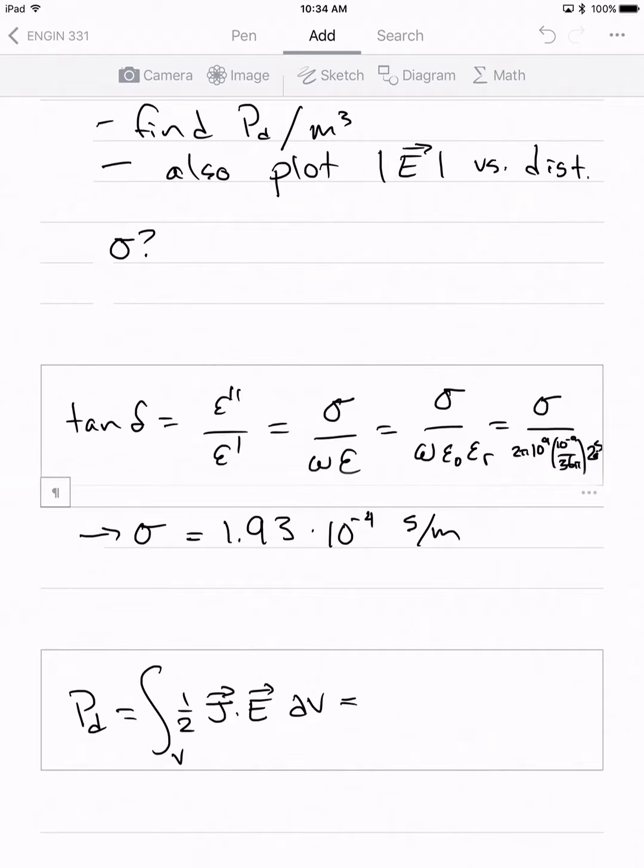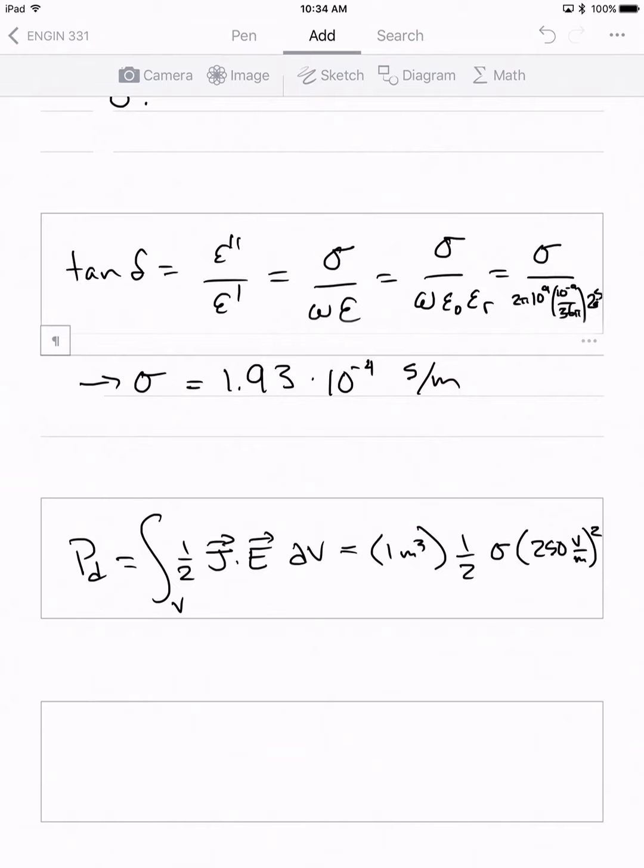In this case, that is going to be constant, so we can just multiply by the total volume. So we have 1 meter cubed times 1/2, J being sigma E, that becomes sigma times 250 volts per meter squared.